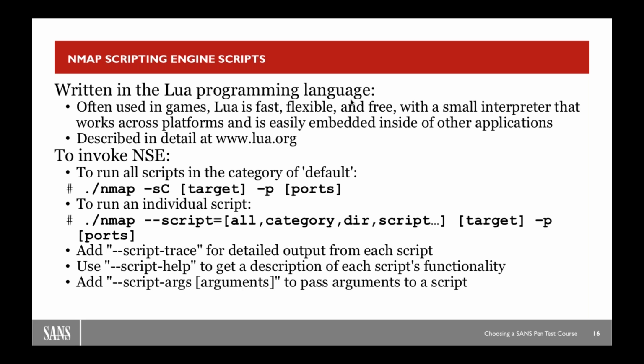It's equivalent to running -O, which is operating system detection. And it's the equivalent of running --traceroute, which also does trace routing. So -A runs the default set of scripts, does OS detection, does service version detection, and it does traceroute. So it's a simple little shorthand to be able to run a very common set of Nmap options.